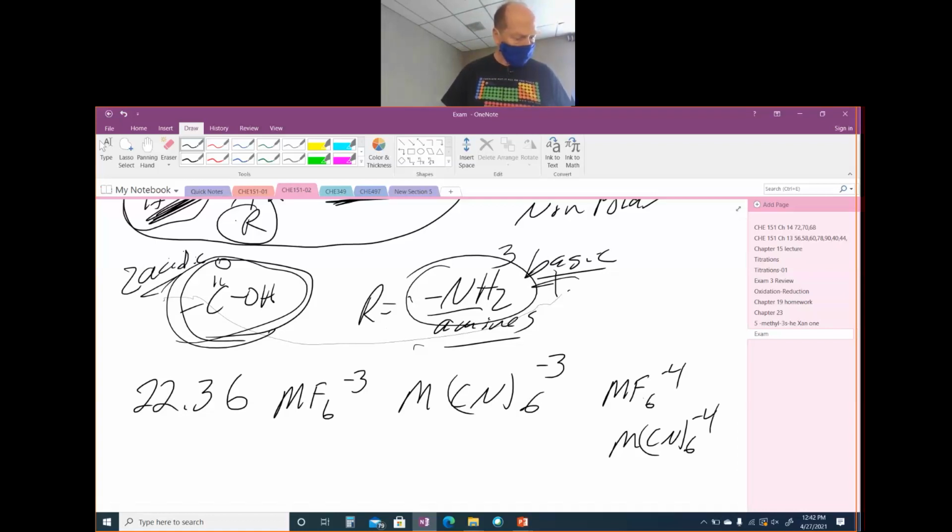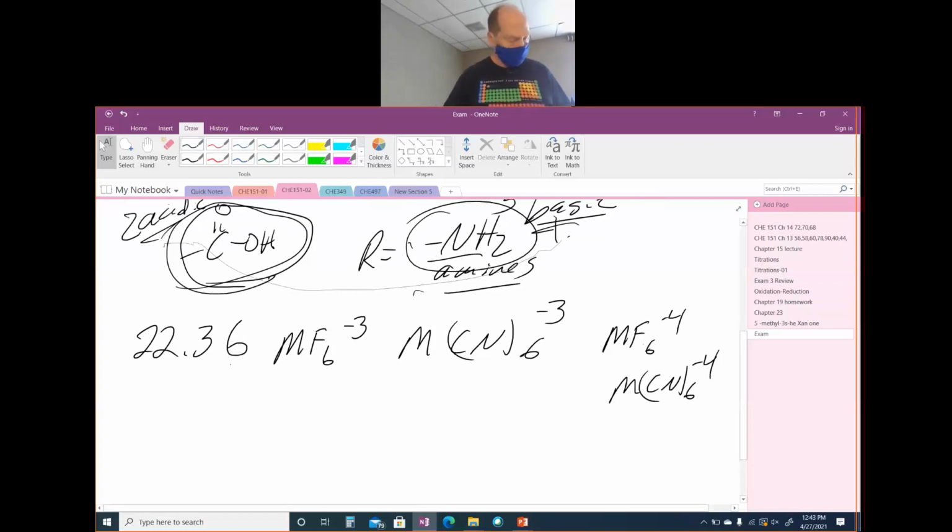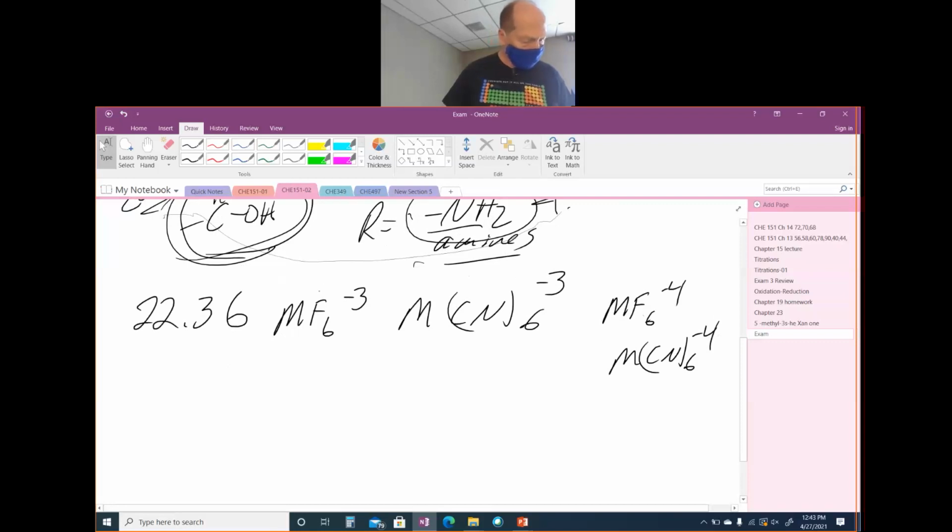Note that the neutral metal atom in each complex is the same. So M is the same neutral metal, and they show the electron distribution this way.